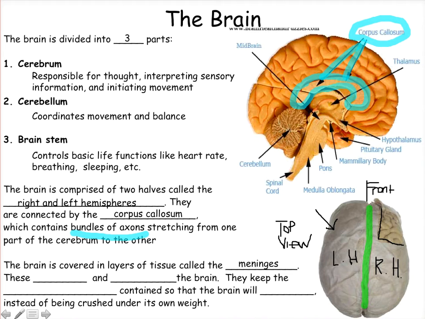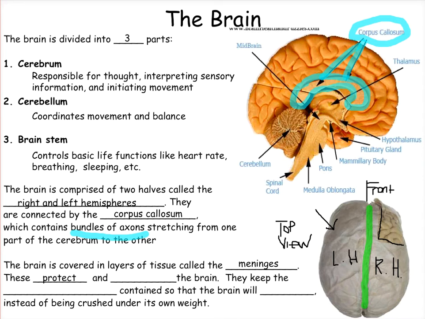Those tissues are called meninges, and they're really important to the proper functioning of the brain because they protect the very fragile brain tissue. Remember, your brain is sitting inside your skull, and the skull is made of bone, and so we need to protect the soft tissue from the bone that surrounds it.